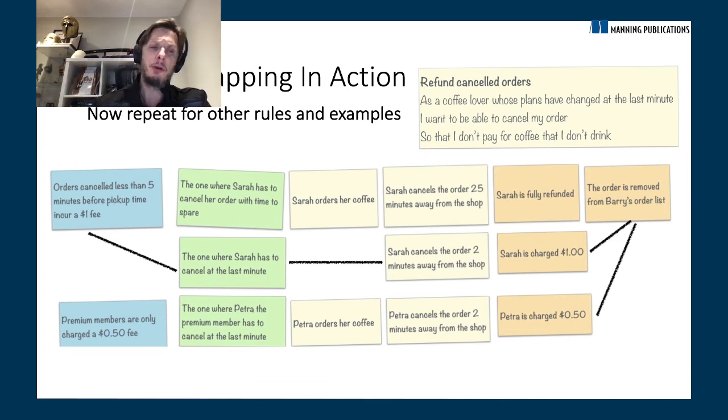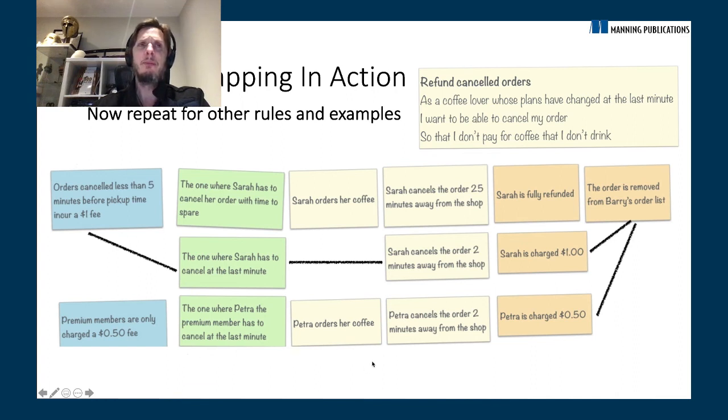So we've got another rule that talks about premium members being charged 50 cents. So here we've got another rule here. But you'll notice here we only need to talk about the case where she gets charged. We don't need to worry about when she gets fully refunded because that logic would be the same. There might be cases where that would be a bit different and we'd need another flow.